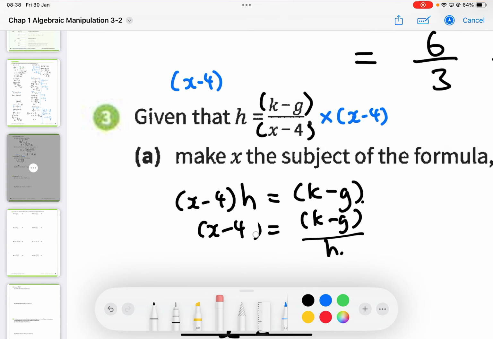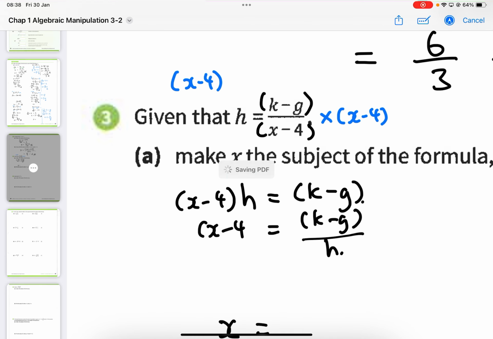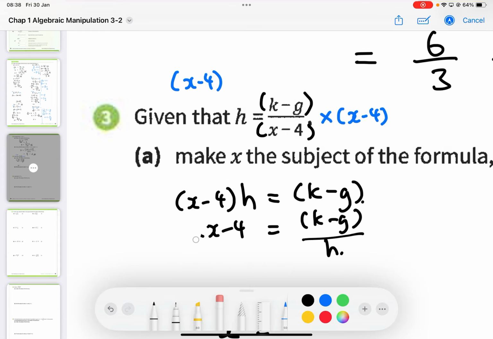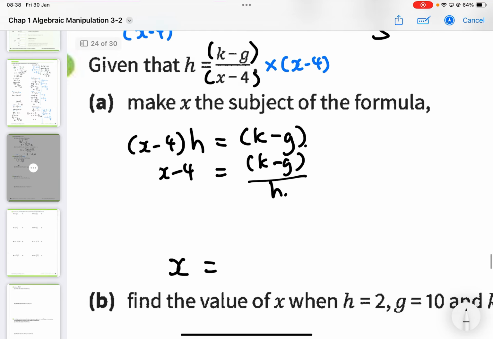Then I don't need the bracket anymore. So my x is free from the bracket. Then finally, easy, right? Plus 4 on both sides. So this is Cyrus' answer.